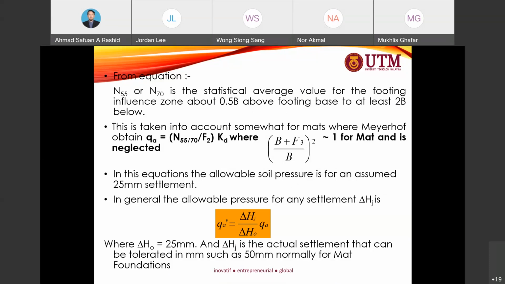In general, the allowable pressure for any settlement is delta H actual over delta H naught times QA, where delta H naught is 25 millimeter and delta H actual is the actual settlement that can be tolerated in millimeters, such as 50 millimeter normally for mat foundation.